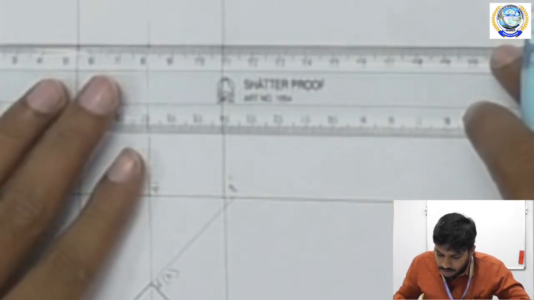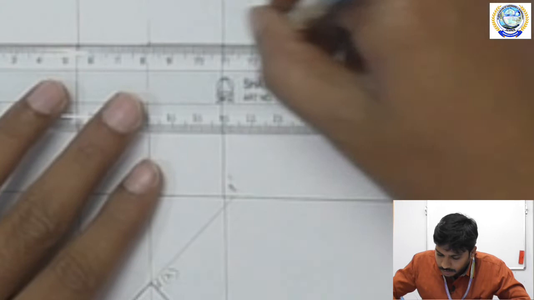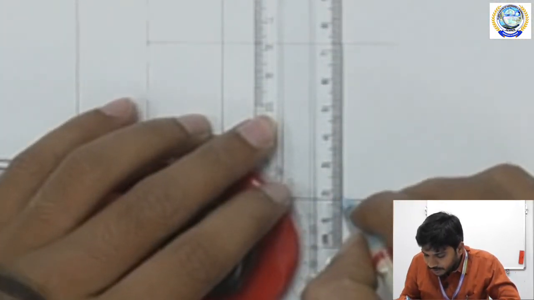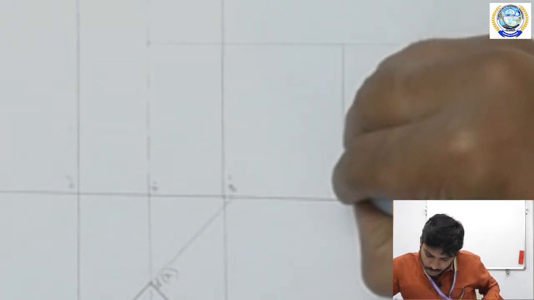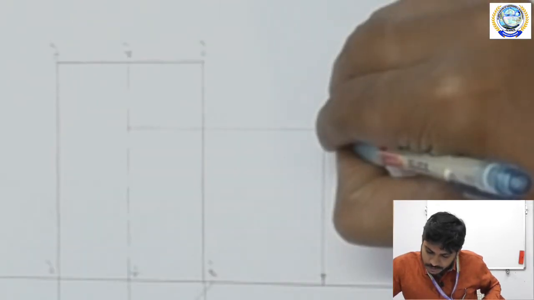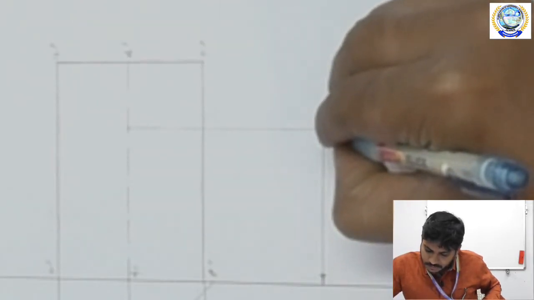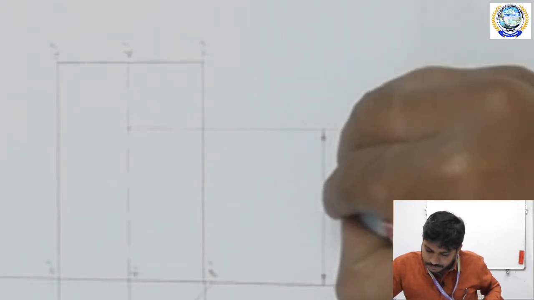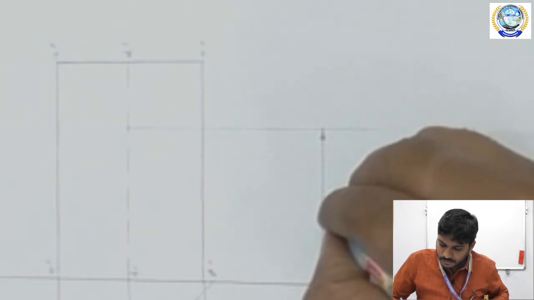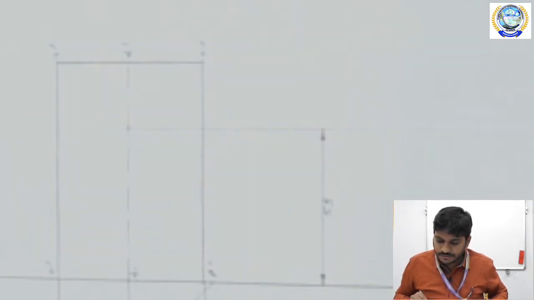We just have to draw a dimension line at a distance of 55 mm. Draw a point here. Now I am mentioning the distance, 55 mm. This is the dimension 55 mm.